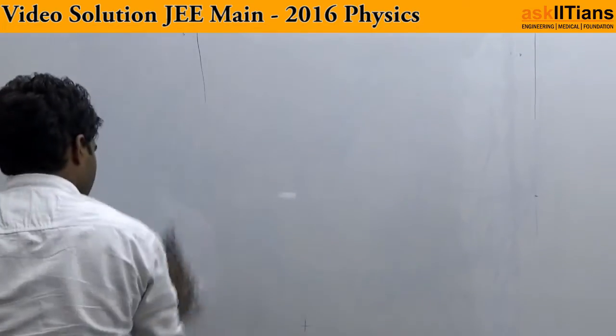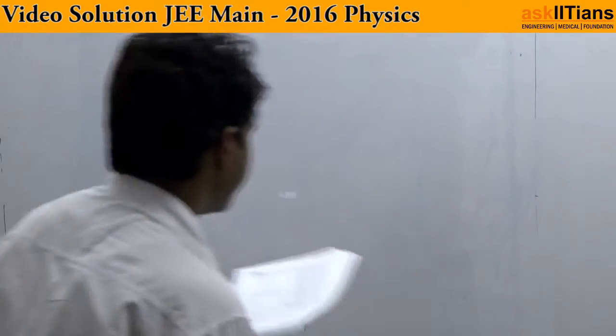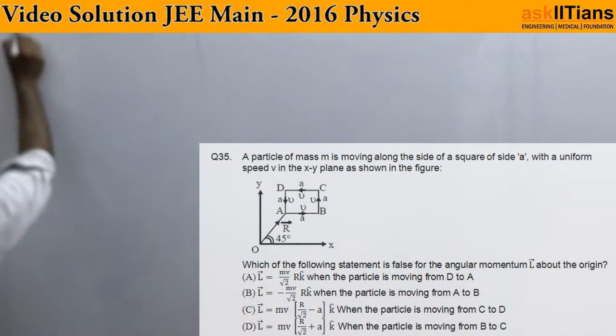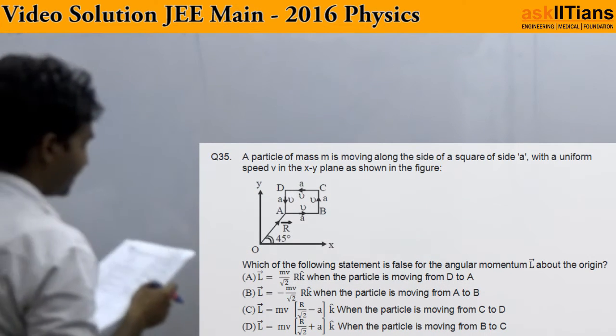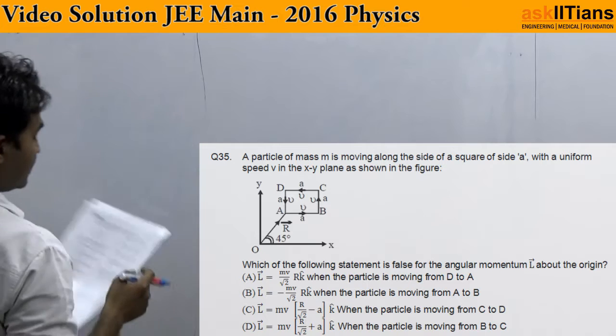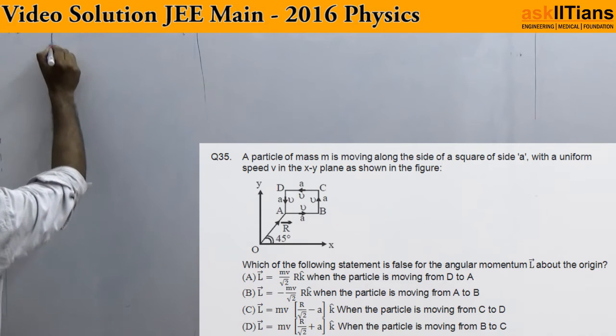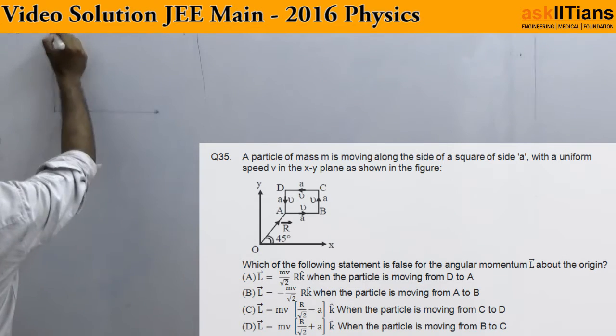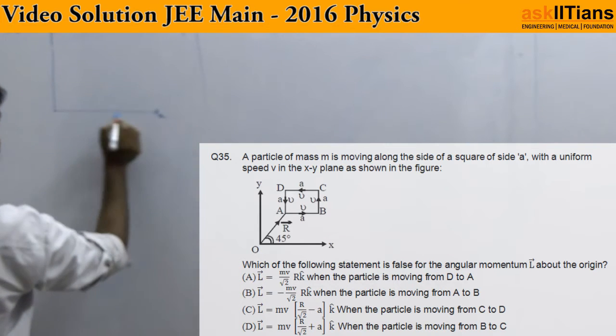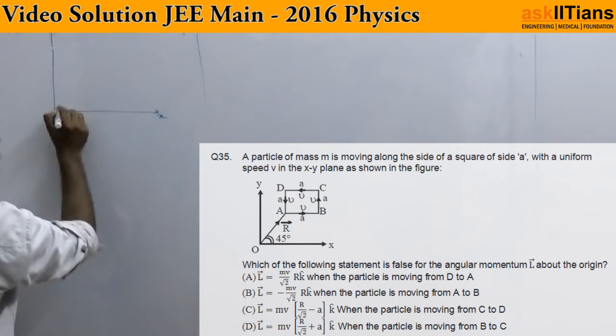This is question number 35. Usually we can say this is y, this is x, and this is the origin.